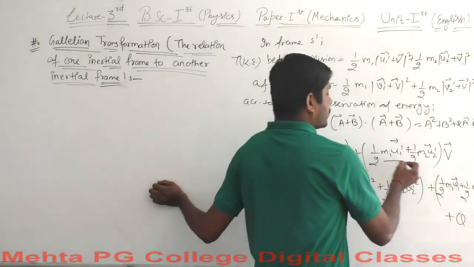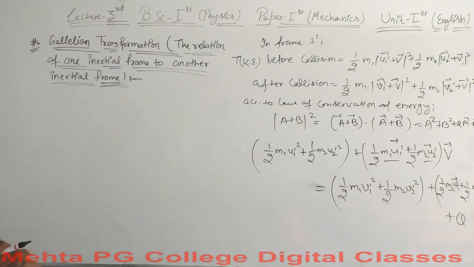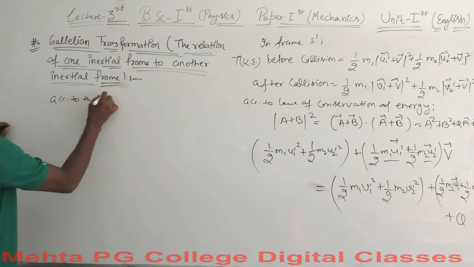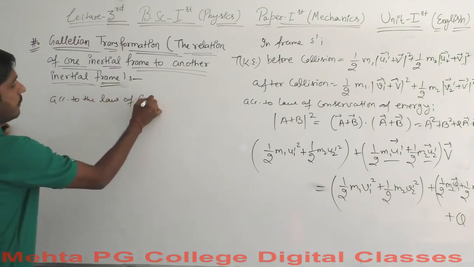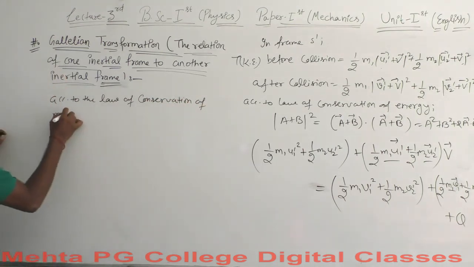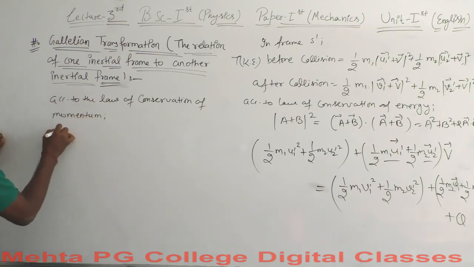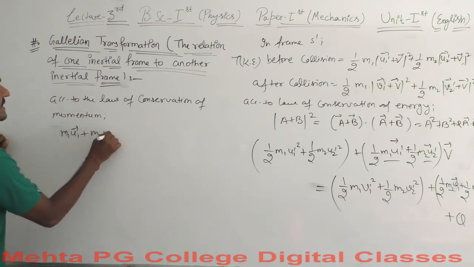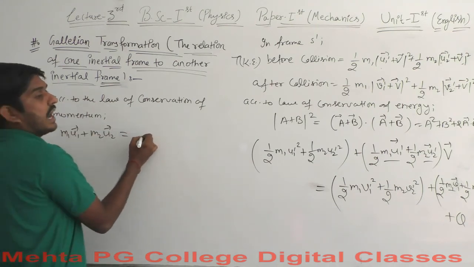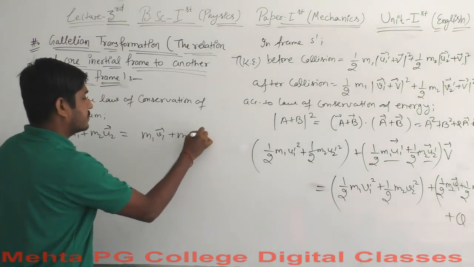You remember where we got such kind of values? According to the law of conservation of momentum, the values like m1 u1 vector, m2 u2 vector are equal to m1 v1 vector, m2 v2 vector.